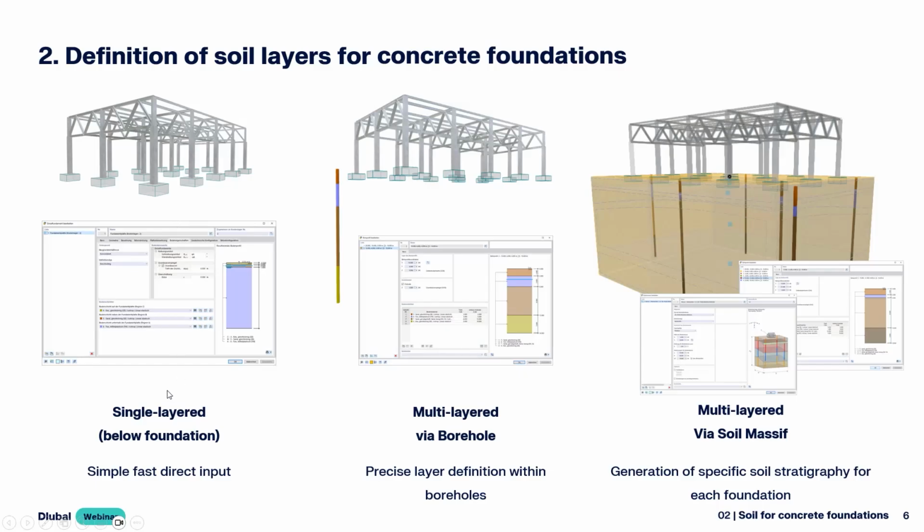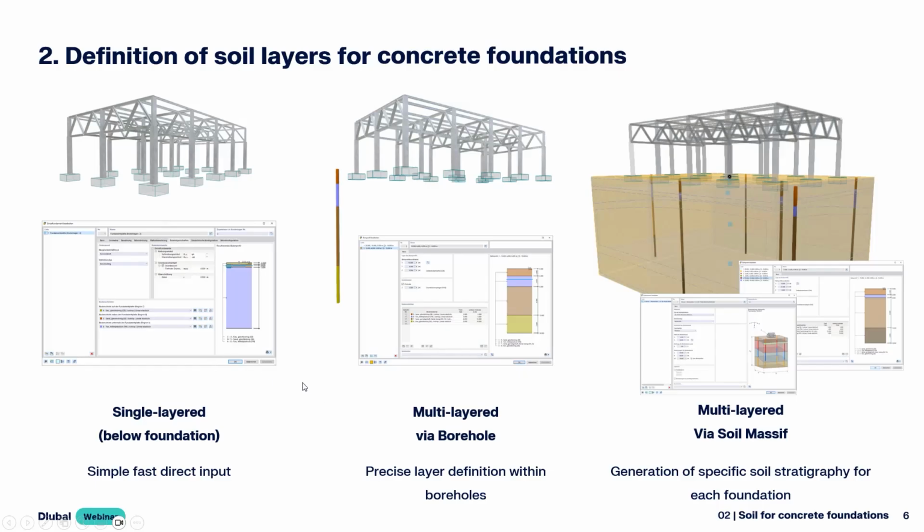We have the type single layered, where you can define the soil layers directly in the dialog for the foundation, relatively simple and quick. This is a fast way of direct input of the soil situation.